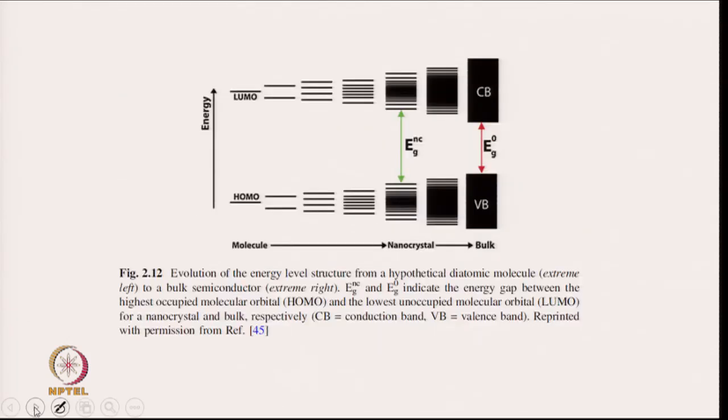Now, let us think of how the evolution of energy levels takes place from a hypothetical diatomic molecule to a bulk semiconductor. Suppose there are 2 atomic orbitals which combine to give 2 molecular orbitals, for example, HOMO and LUMO. This is one molecule of 2 atoms, or you can say one diatomic molecule.